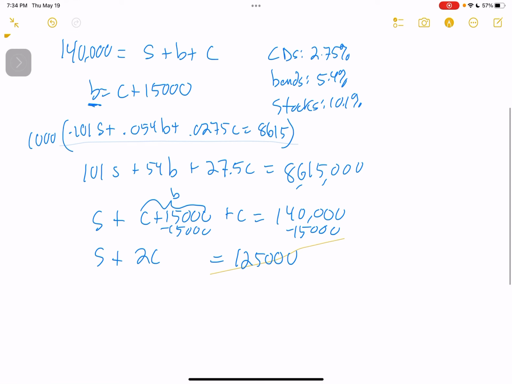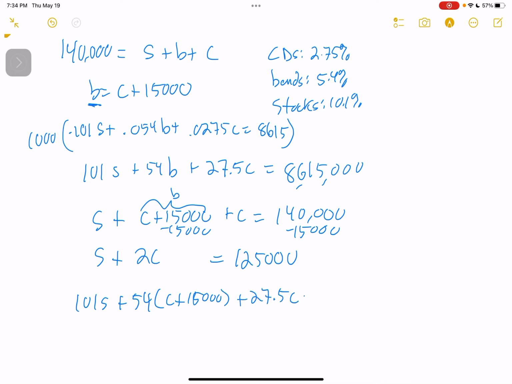And then we have this 101S plus 54, and instead of B, I'm going to put C plus 15,000 plus 27.5 C equals 8,615,000.